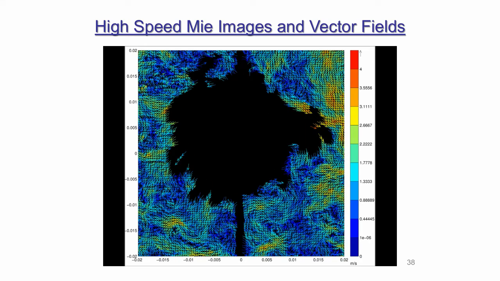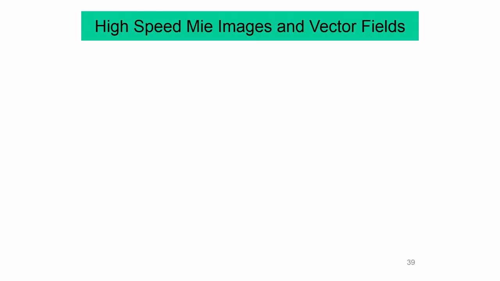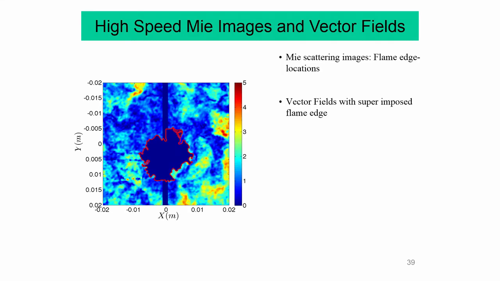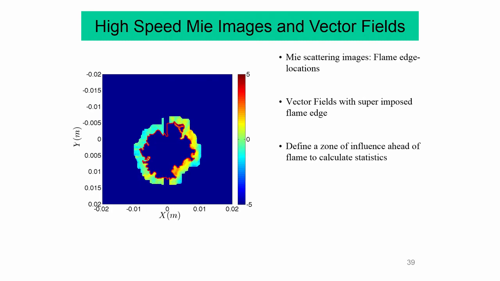Then we can find out the flame edge and different things like the tangential flame speed, the tangential straining rate, as well as the curvature at different points on the flame surface, as well as the local flow velocities which cause this wrinkling.